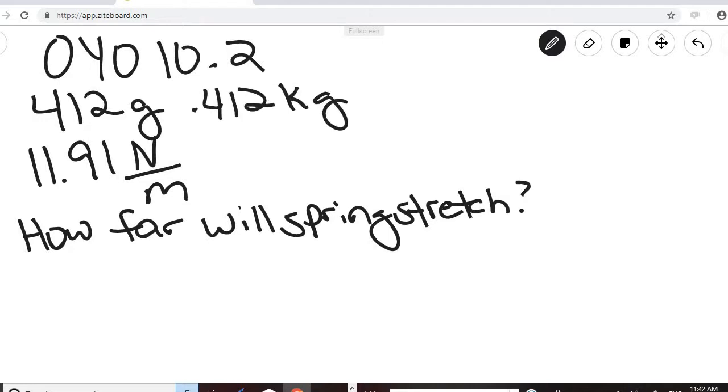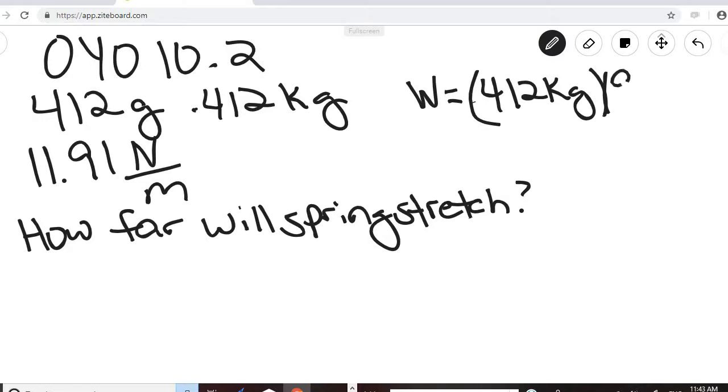And we know that the object will be pulled down with the force of gravity, and that is the weight. So we can take the mass, 0.412 kilograms, and multiply that times gravity, so that we get the weight, and this would be negative because gravity is going to be pulling downward.